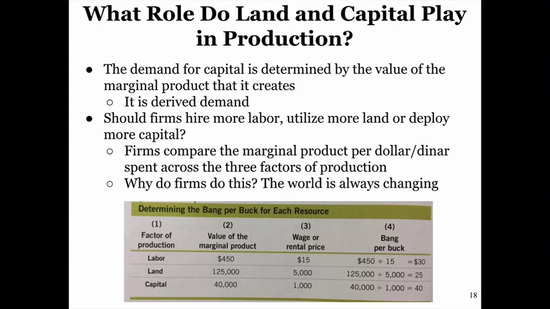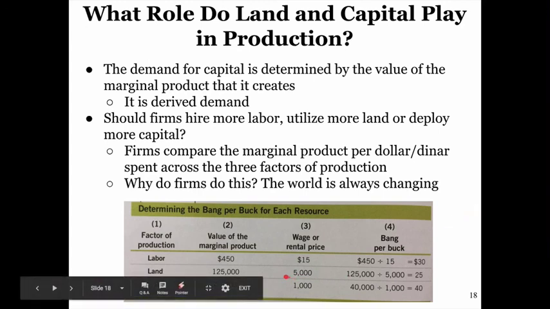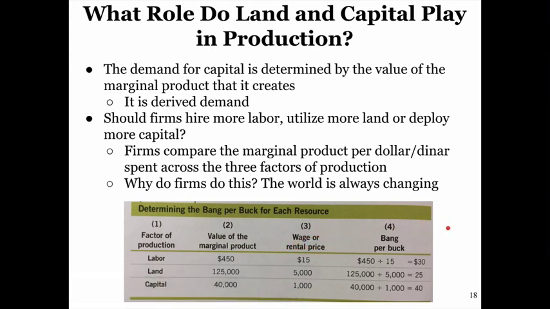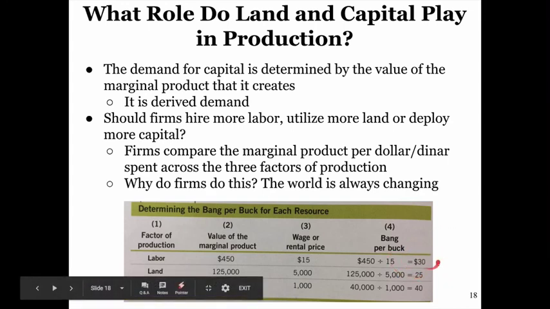Now, in the case of land, even though the value of the marginal product is very high, the price for that is very high compared to capital and compared to wages. So what they do is they divide the value of marginal product by the wage or the rental price. And so what you have is the bang for your buck for labor is you're going to get 30 dinar or dollars or euros for hiring another person.